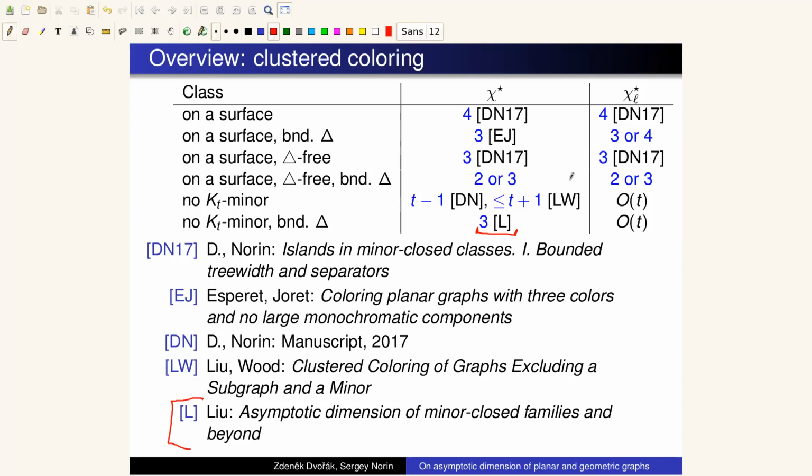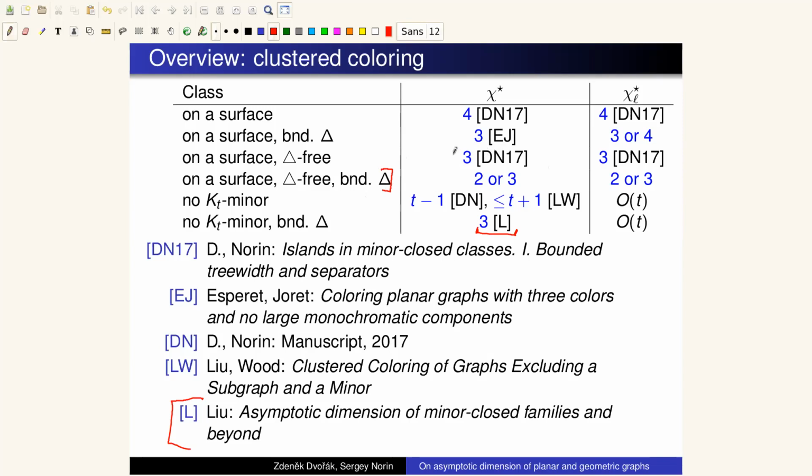So let me mention a couple of open questions on this slide. For planar graphs or graphs on surfaces which are triangle free, it was open whether bounding the maximum degree actually helps to decrease the number of colors that you need from 3 to 2.